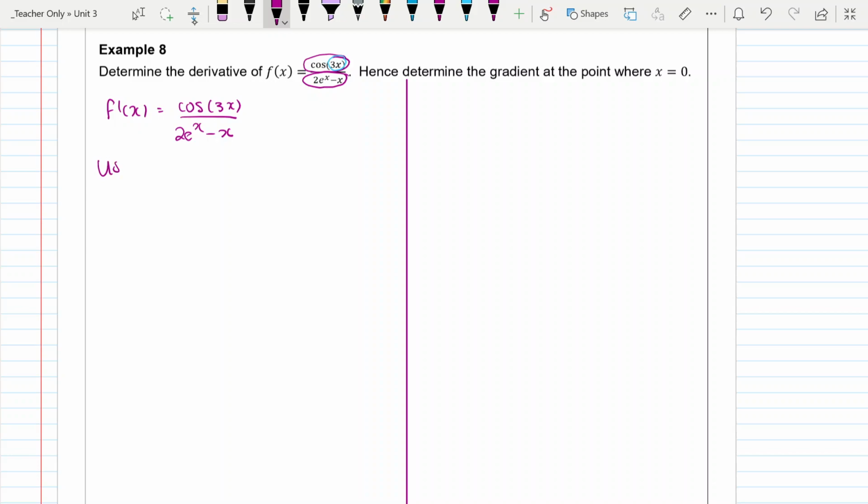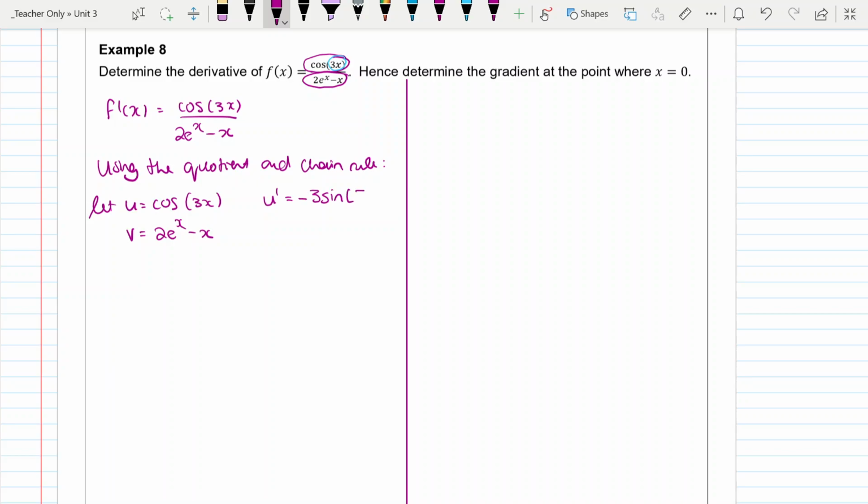And I'm going to say using the quotient and chain rule. I'm going to let u equal cos of 3x and v equal 2e to the x take x. My derivative will be negative 3 sine of 3x, and here my derivative will be 2e to the x take 1.